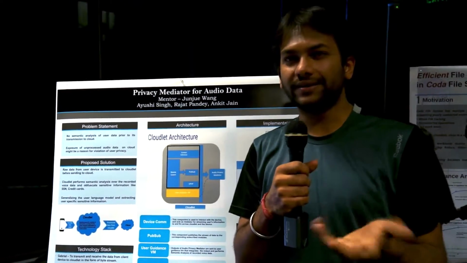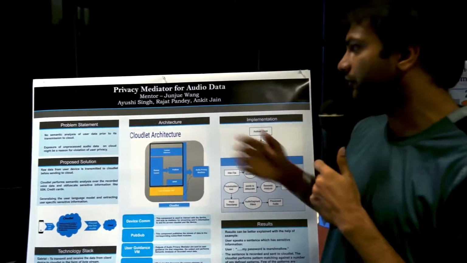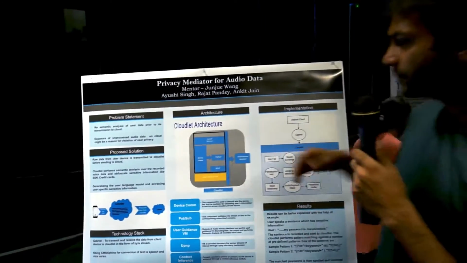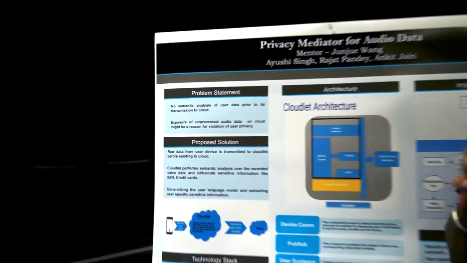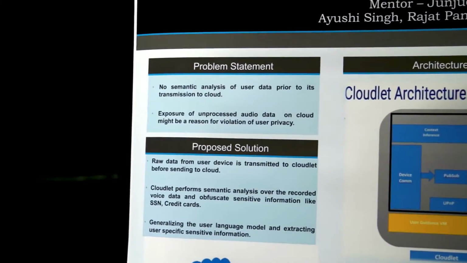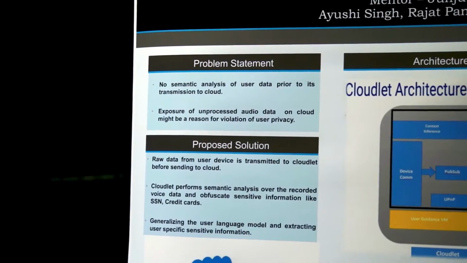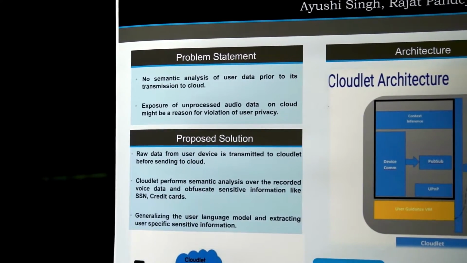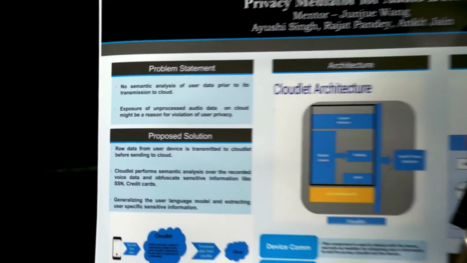So how is that done? I'll just brief from the beginning. Our problem statement is about performing semantic analysis on the voice, where all the sensitive information is removed, and then transferring that information to the end user.